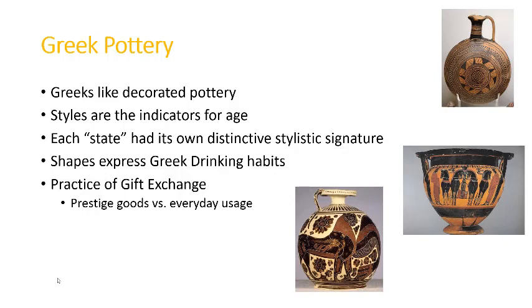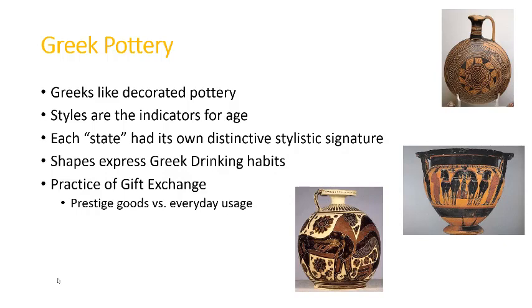That also helps us to see the origin of these various vessels. Each Greek state had its own distinctive stylistic signature, so they were each a little bit different, a little bit unique. Shapes express Greek drinking habits.